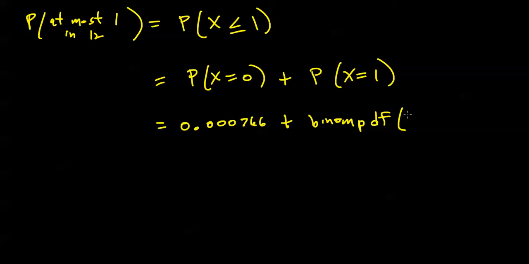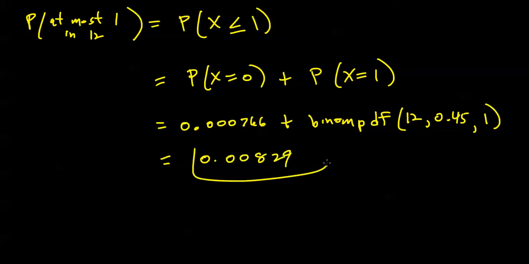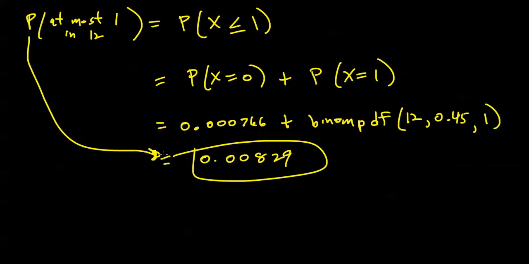For the 1 case, you're looking at 12 trials, the probability of success in any one trial is 0.45, and you're looking for 1 success here. I punch all this out, and I get 0.00829. That would be my final answer here. The probability that at most 1 in 12 is watching this game is 0.00829.